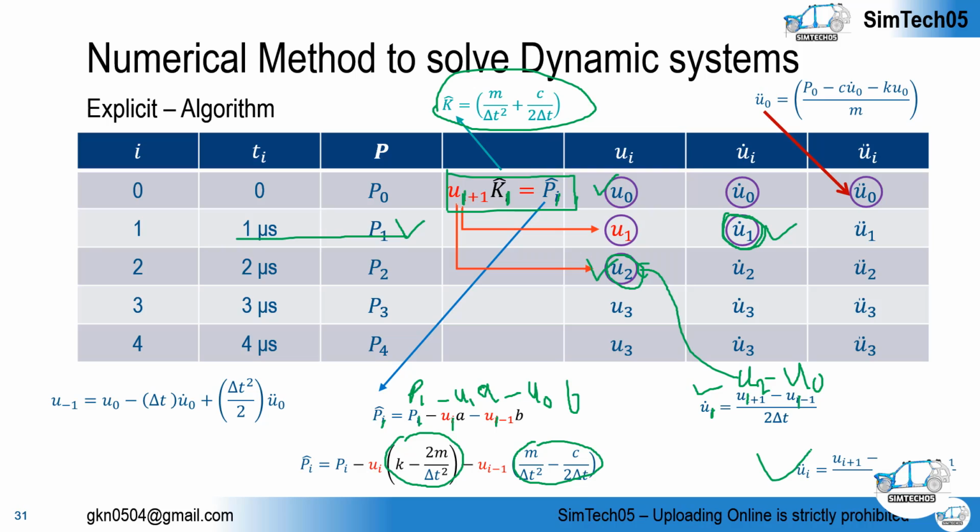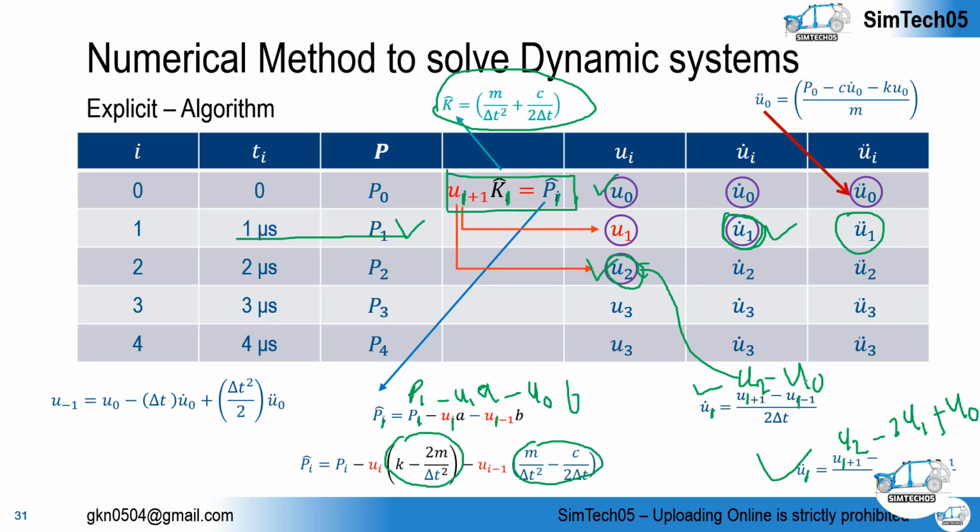Now let me find the acceleration also, acceleration at the first increment. So just find u double dot 1, then put 1 here, 1 here, and 1 here. So this becomes u2 minus 2 times u1, plus u0. 1 minus 1 becomes 0.